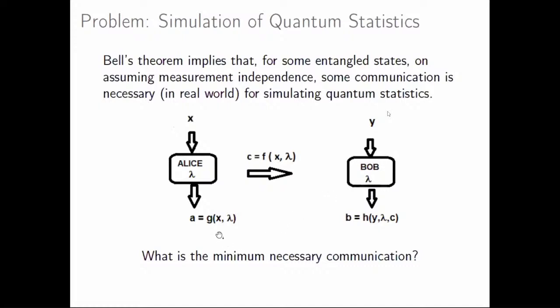Which means that if we want to simulate the quantum statistics in all possible ways, we will need to have some communication between Alice and Bob. Otherwise, it can't be possible.